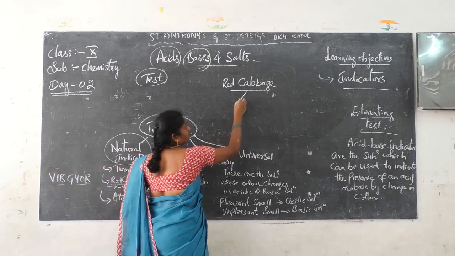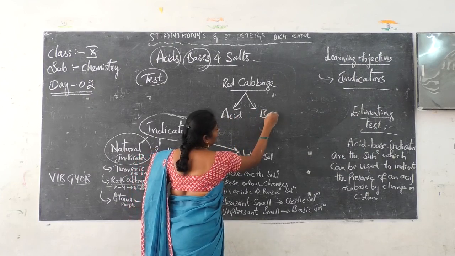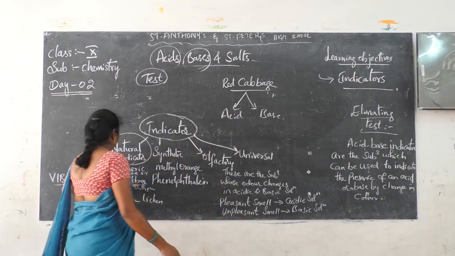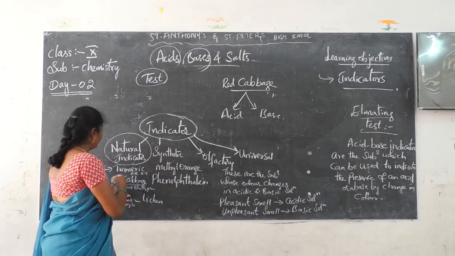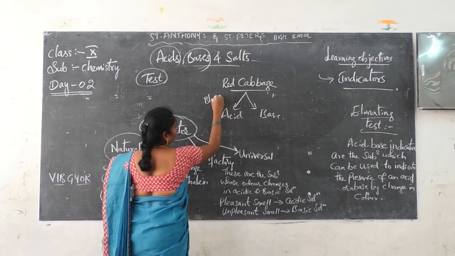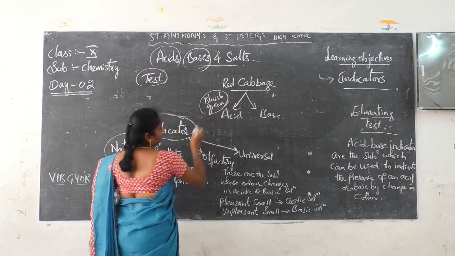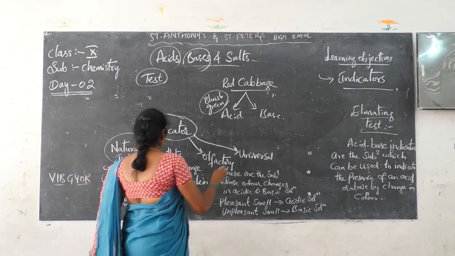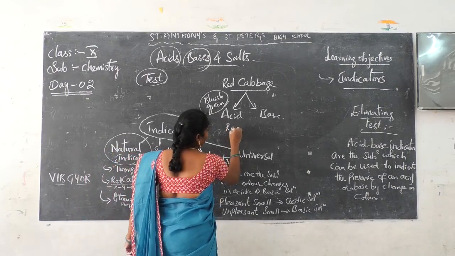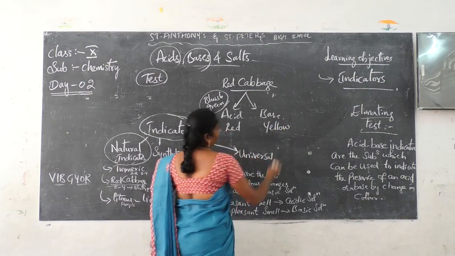We'll see what happens in the acid and what happens in the base. In neutral, it is bluish green in color, and in the acid it changes into red, and in the base it changes into yellow.